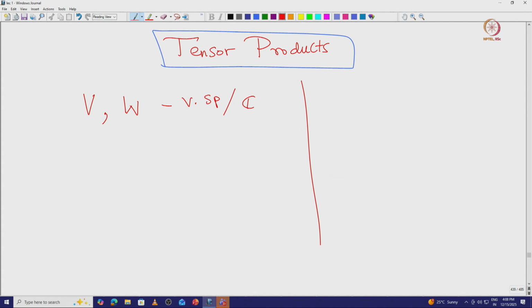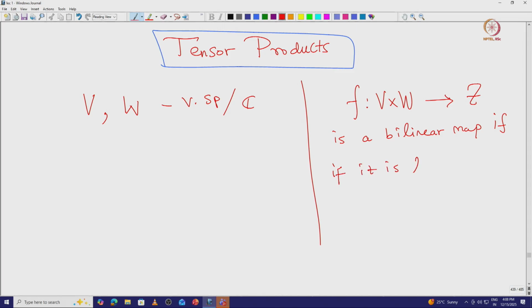We call a map F from V cross W to Z a bilinear map if it is linear in both variables. So, this is the definition of bilinear map.